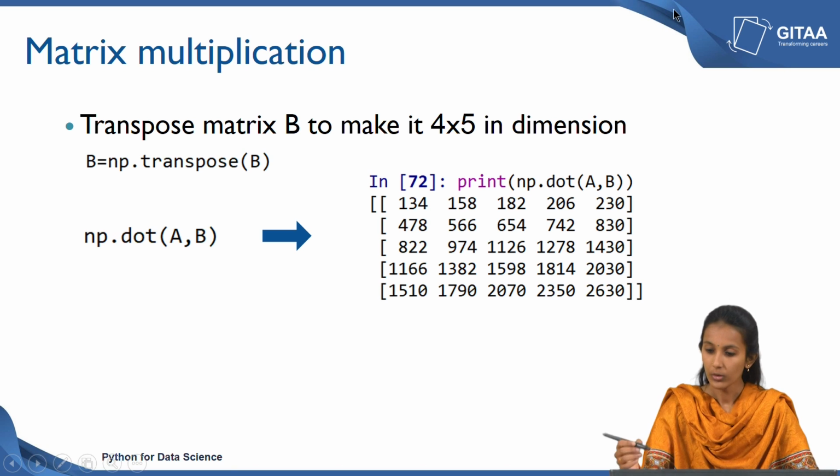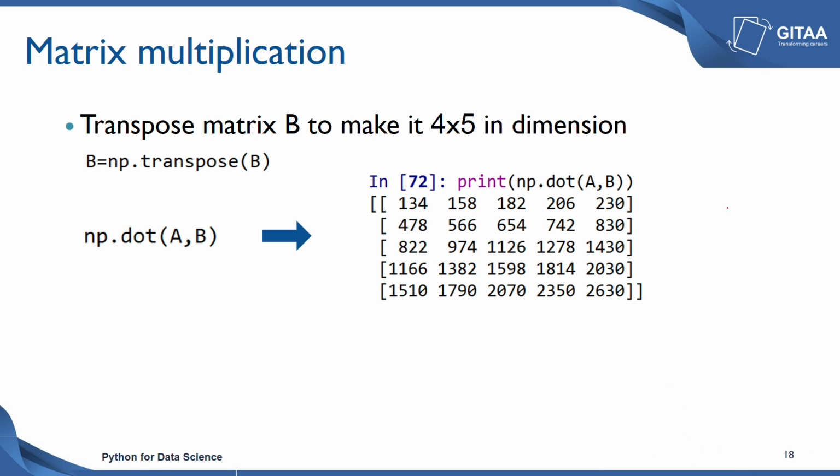Yes, now our A matrix is 5 cross 4 and we have changed the B matrix to 4 cross 5. So the dimensions are compatible. So now it gives an output. So it is 134, 158, 182, 206, 230, etc.